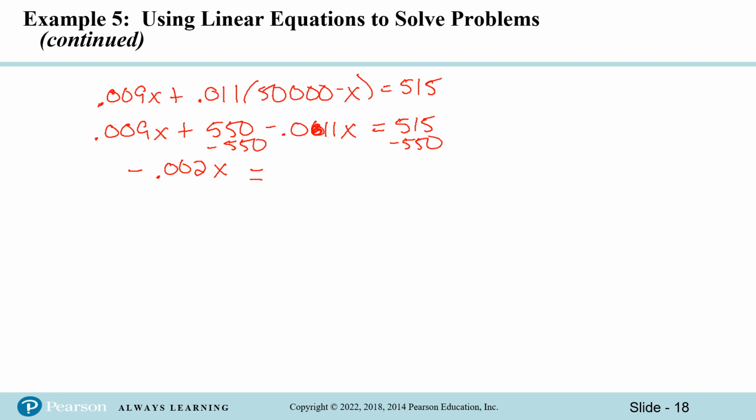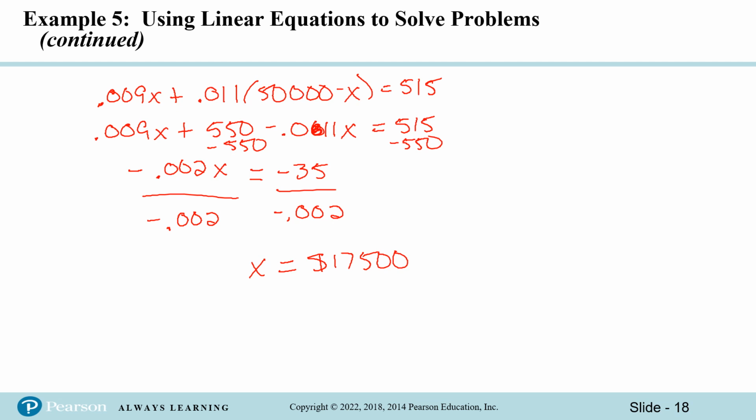I don't know what that is. Negative 35. And divide. And when you divide, you end up with 17,500. That was account A at 0.9%, because that was my X.